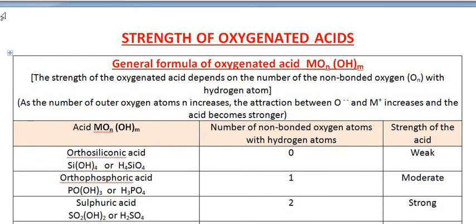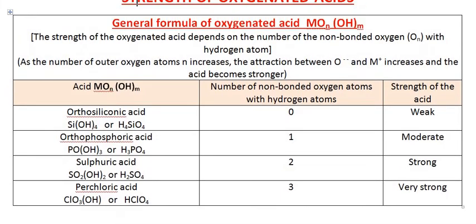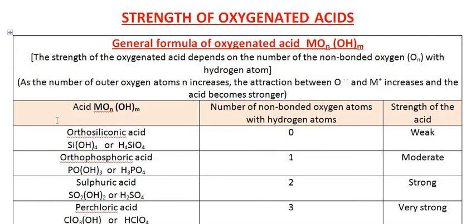Here are some compounds of acids, which may contain oxygen or not. Compounds which contain oxygen are called oxygenated acids. The strength of the oxygenated acid depends on the number of oxygen atoms that are not combined with hydrogen.